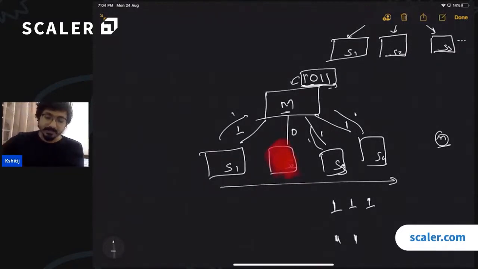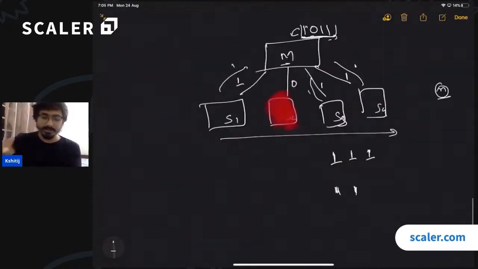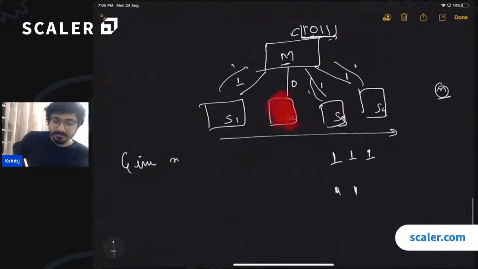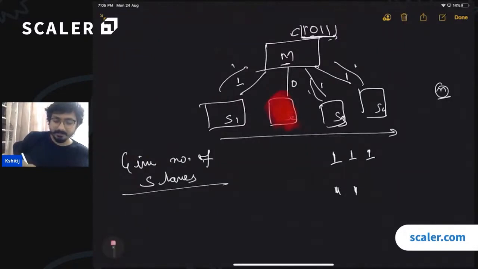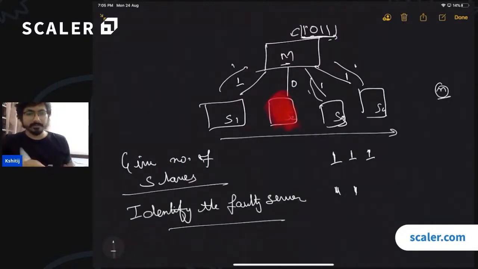If the slave servers are faulty, they do not return anything. Given the number of slave servers, you have to identify which of these servers are faulty. You are only given the number of slave servers. Identify the faulty servers. Is the problem clear?